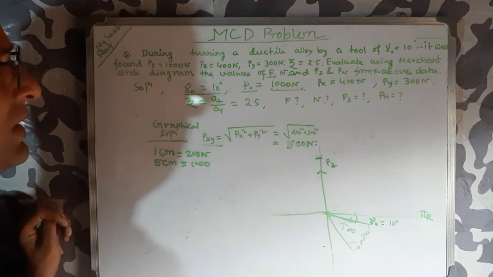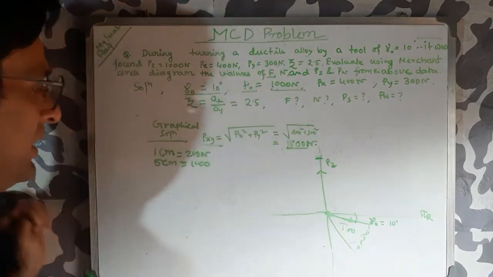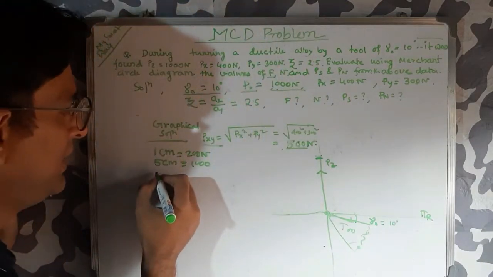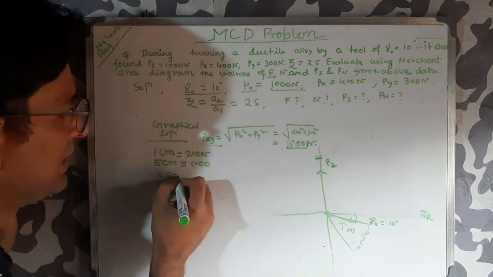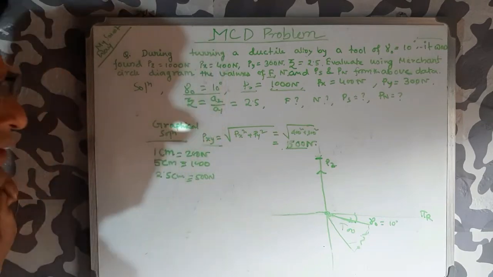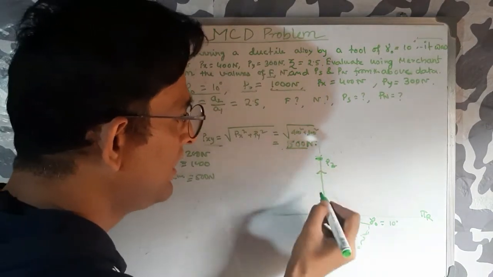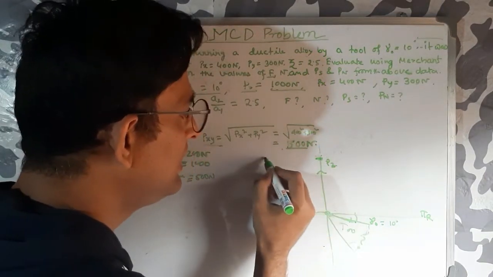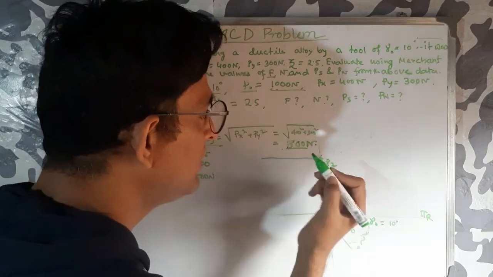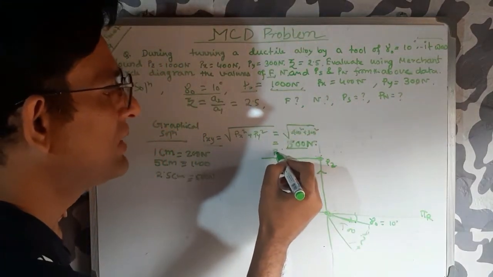Again, Pxy, what is the value of Pxy? Pxy is 500. That means 2.5 centimeter, equivalent to 500 Newton. So from this point, draw a line perpendicular to Pz, which will represent Pxy.